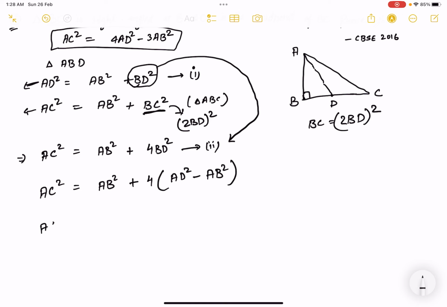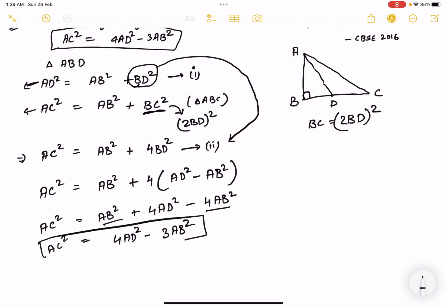So we have AC square is equal to AB square plus 4AD square minus 4AB square, or AC square is equal to 4AD square minus 3AB square. This is our final result, hence proved.